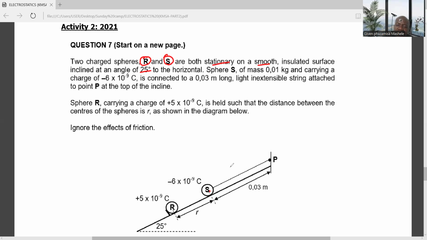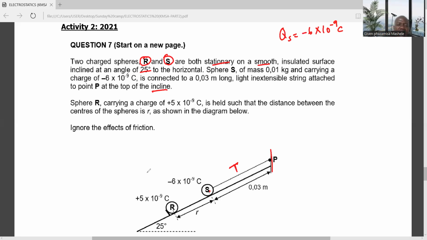So it means there's a tension here, because they're talking about a string connecting sphere S and point P. It is attached to point P at the top of the incline, just attached to this point here.